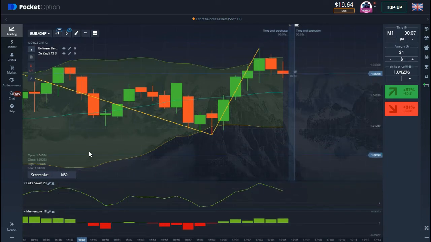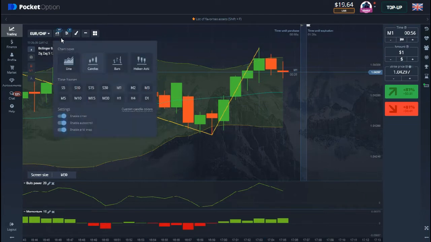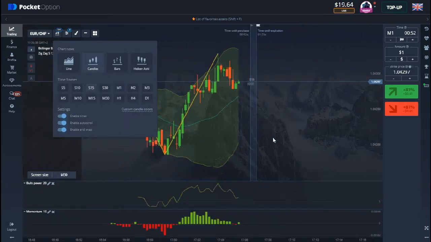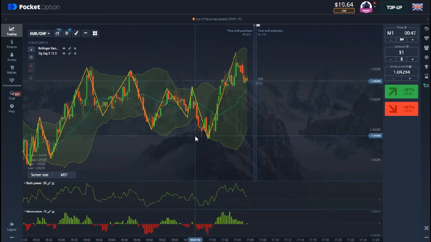You can set the Bulls Power and Bollinger Band settings yourself. For 1 minute trading, I am using 15-second candlesticks. Okay guys, the strategy is simple.